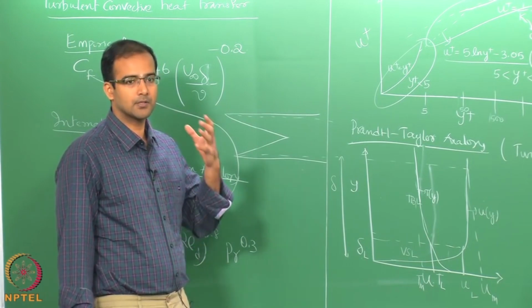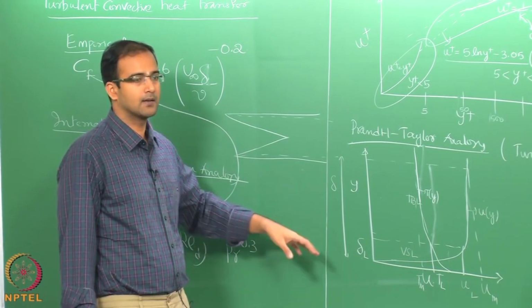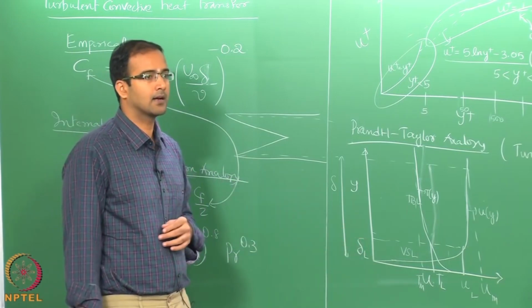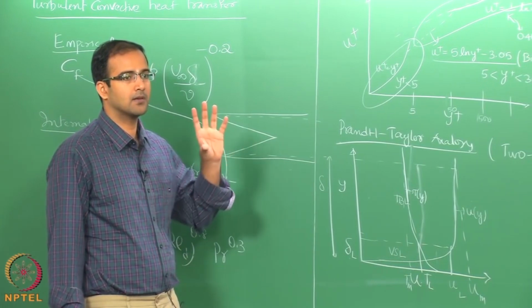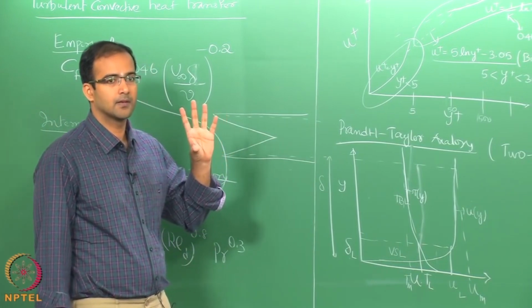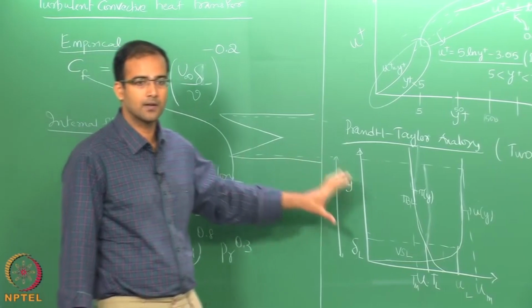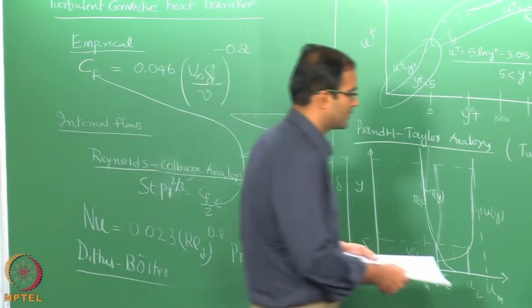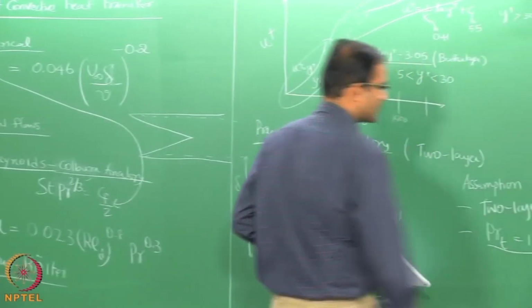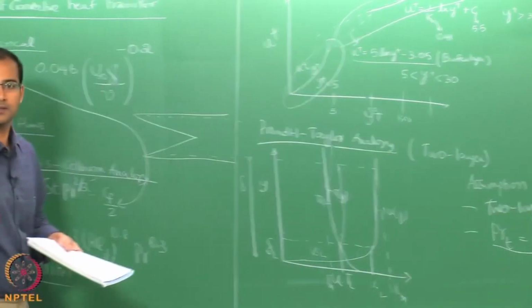because even if you assume turbulent Prandtl number is equal to 1, all the processes at the wall are governed by the molecular diffusion. Therefore, the assumption of delta t equal to delta outside will not affect what is happening near the wall. The same thing is also used in the Reynolds analogy.